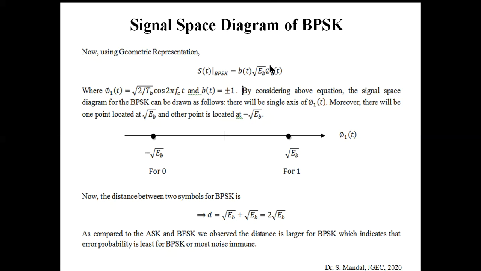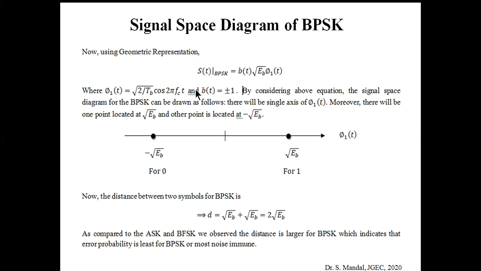So now if you locate that position along the axis of phi 1(t), we can say that for 1, the corresponding energy point will be root Eb, and for 0, the corresponding energy point will be minus root Eb. Okay, so this one for the symbol 1, and this one for the symbol 0, and the distance between them obviously will be root Eb plus root Eb, that is 2 into root Eb.